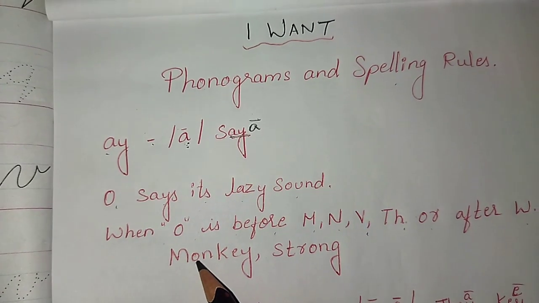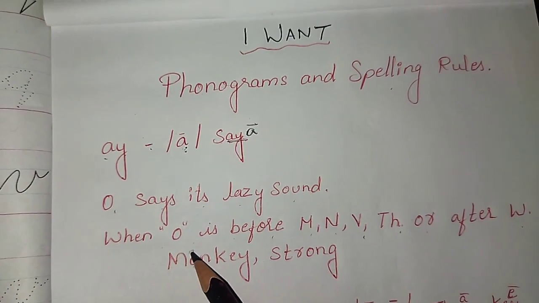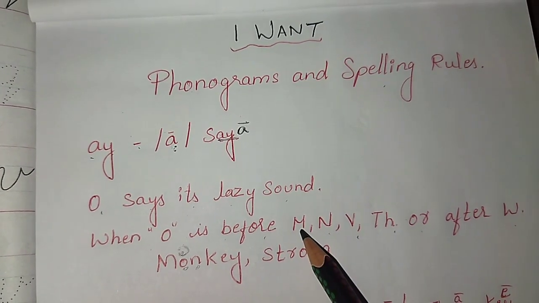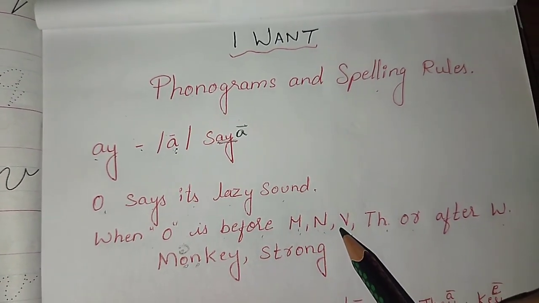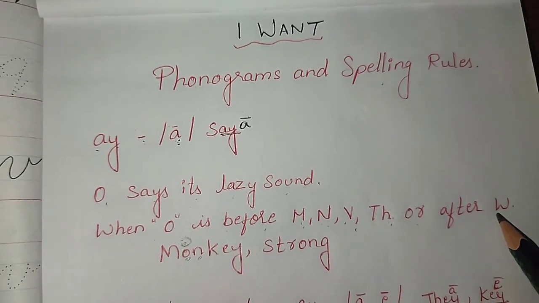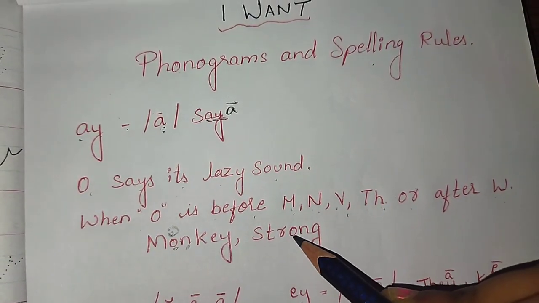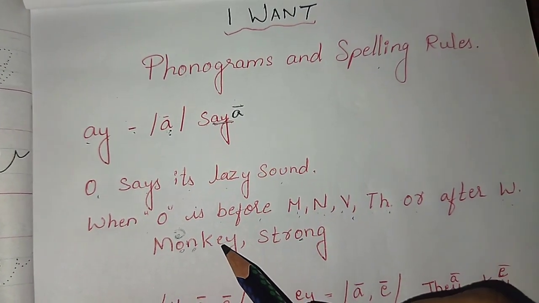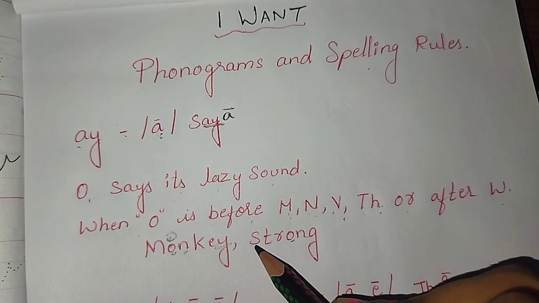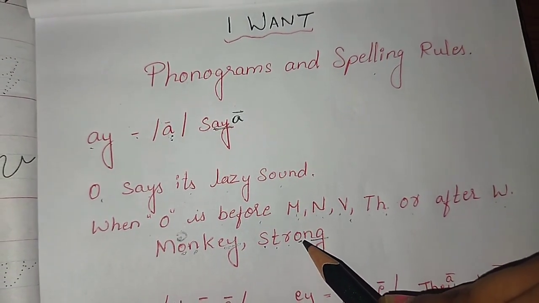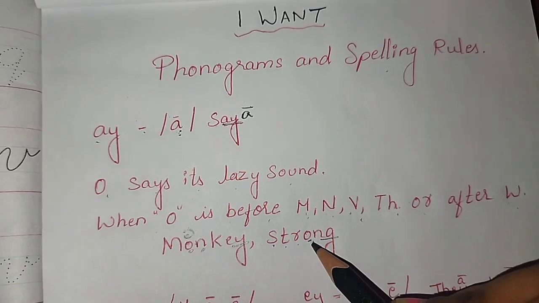Here O is telling his lazy sound because the O is before the letter M. Before M, V and TH, O says the lazy sound, and after W also. Here also, O is telling his lazy sound. Monkey, it's not telling the letter O sound, it's telling the lazy sound.